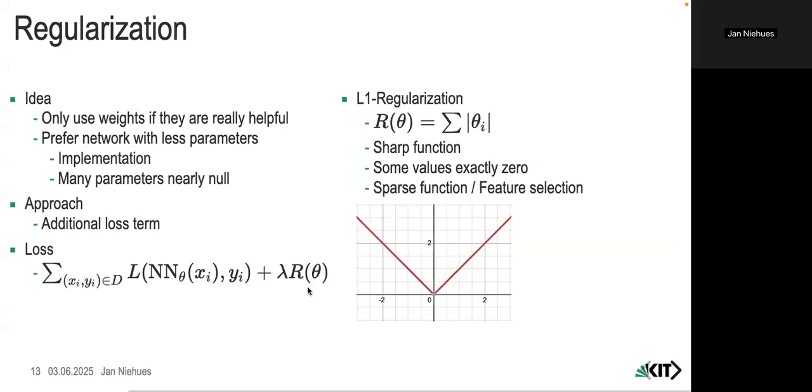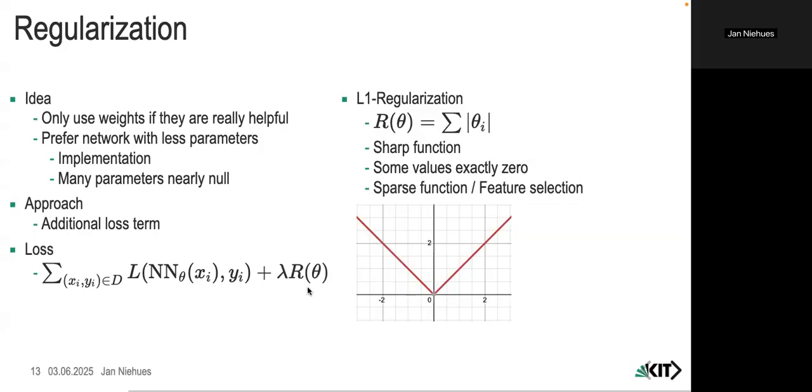This is a very sharp function, which will typically end up with some feature values really getting zero, because it doesn't matter how high the values are, it always tries to decrease the one parameter where it's easiest to decrease without losing performance.